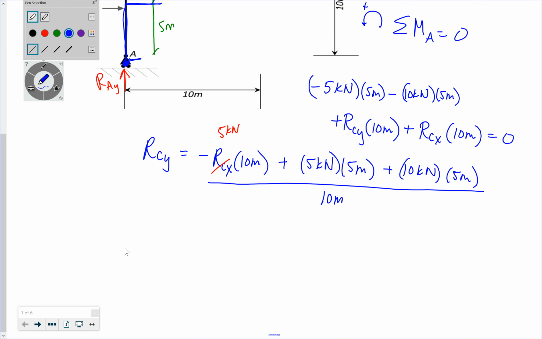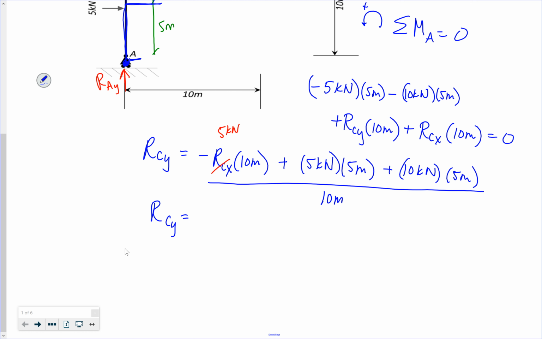So my answer is RCY, right? Take out your calculator. All right, negative 5 times 10 plus 5 times 5 plus 10 times 5, divided by 10, is 2.5 kilonewtons.